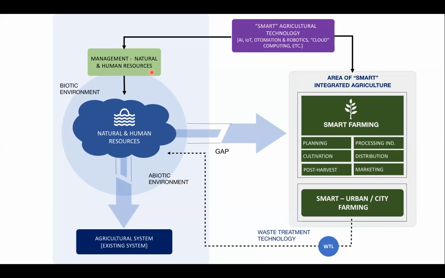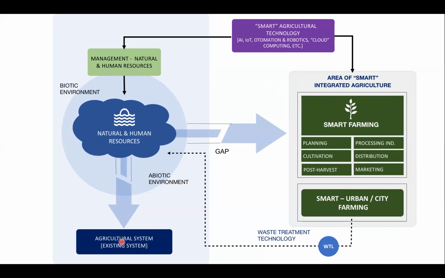This is the concept of how to develop the area of smart integrated agriculture. So of course, smart technology gives a significant contribution in order to improve the existing system or existing condition.